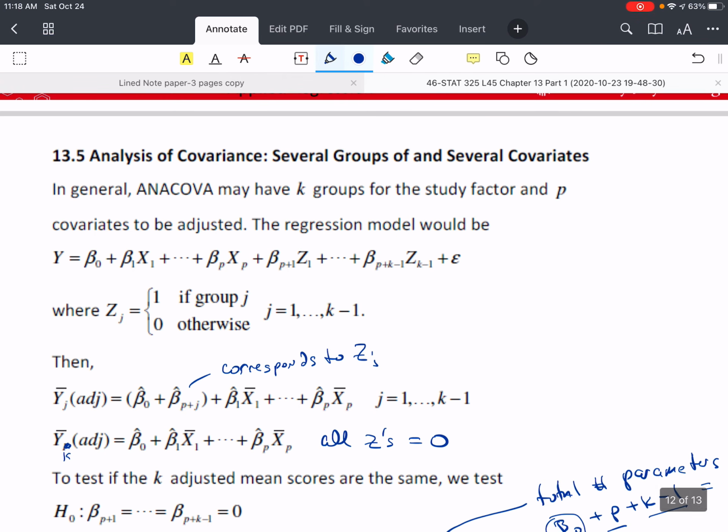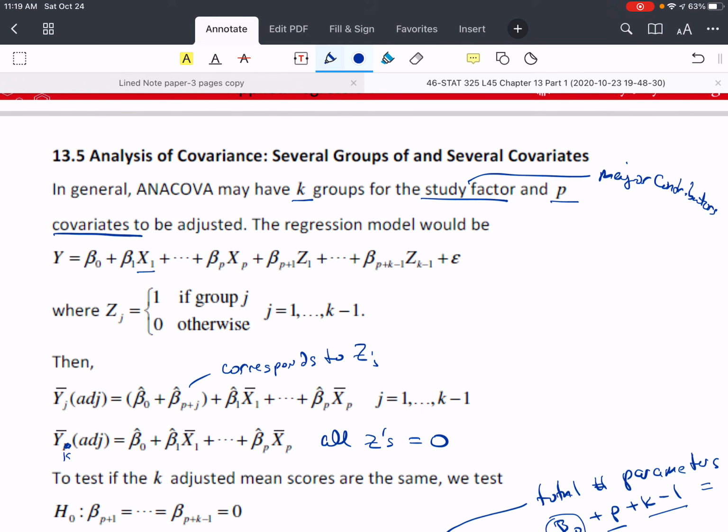Now, when we have several groups and several covariates, in general, ANCOVA can have K groups for the study factor and P covariates. These are the covariates or concomitant variables to be adjusted. And the regression model will be written something like this.